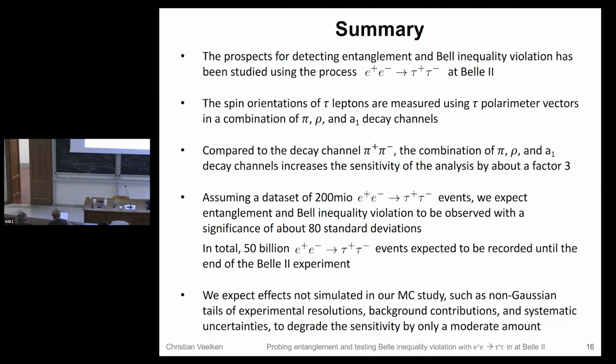And that brings me to the conclusion that if the Belle II collaboration starts analyzing the tau pairs that they have already on tape today, and they publish the tau spin correlation matrix C, and then theorists like you go ahead and compute the entanglement variable of your choice, you will likely observe a signal. Thank you.